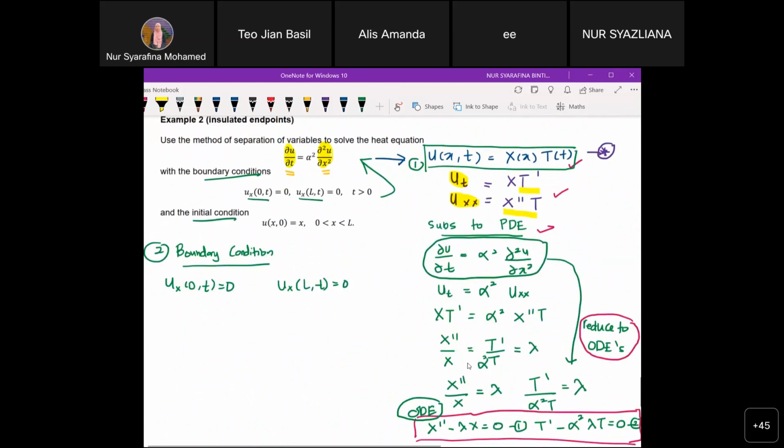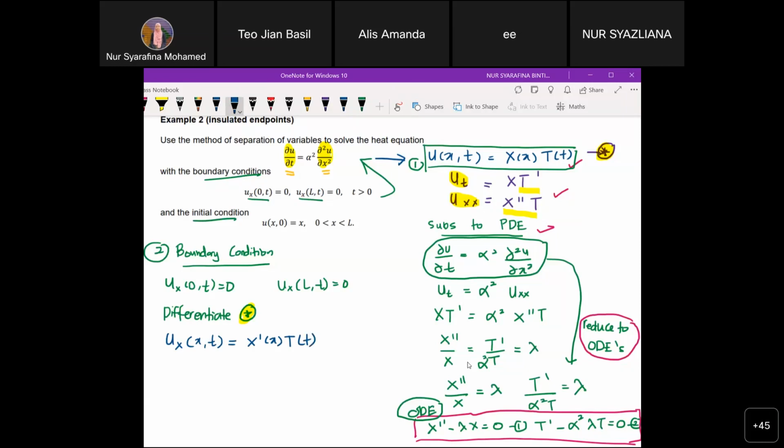Okay, so what should you do? You have to differentiate. Differentiate what? Differentiate the expected solution, this one. Okay, differentiate so that we have ux xt equals to x prime x t.